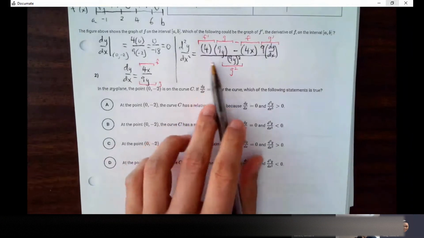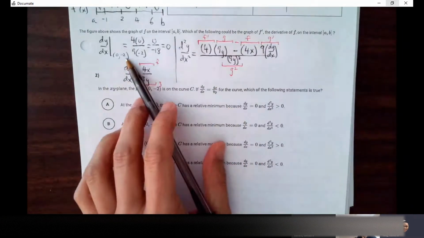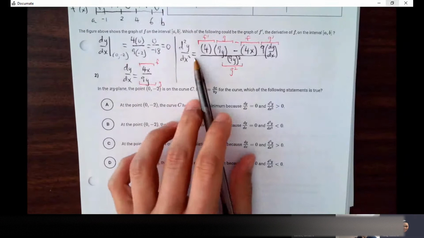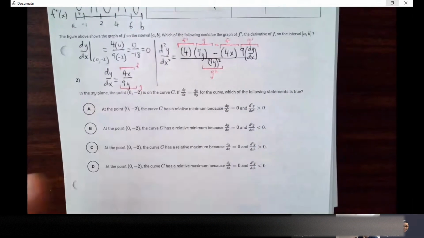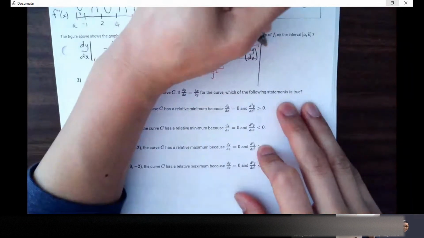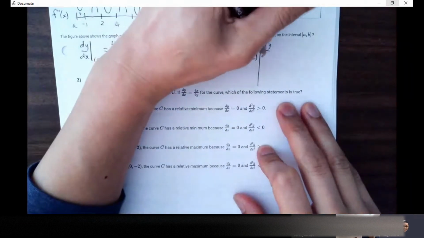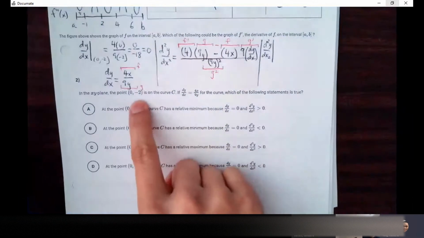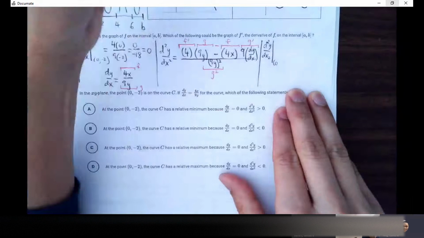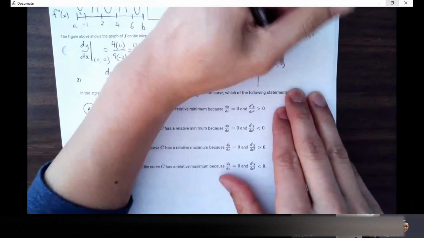I'll go ahead and replace every x and y with 0 and -2. 0 for x, -2 for y. Because eventually I have to be able to know how to interpret that.